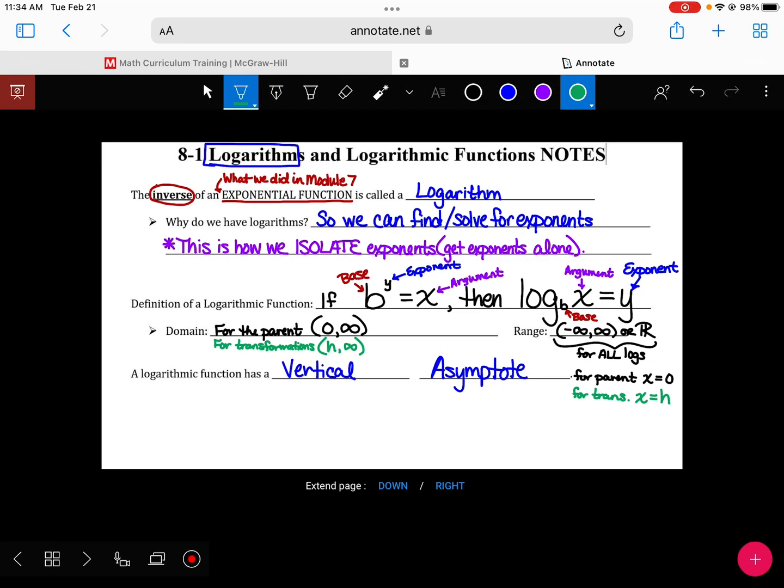You're replacing 0 with h, basically, for transformations. For a parent function where h is 0, my vertical asymptote will be x is 0. If we have an h value, that will shift it to the left or to the right, and so it'll be x equals h. Any questions so far?